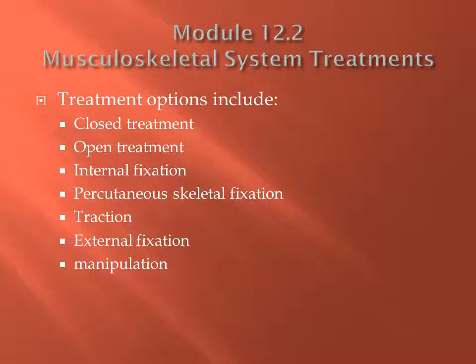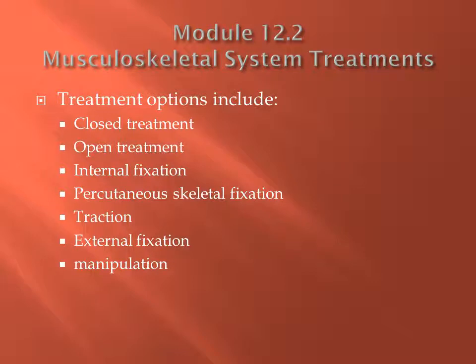Internal fixation is a fracture treatment using devices such as plates and screws to maintain the bone alignment. Percutaneous skeletal fixation is treatment for a fracture during which the fracture is not surgically exposed, but pins or other devices are placed through the skin to hold the ends of the fracture in place.